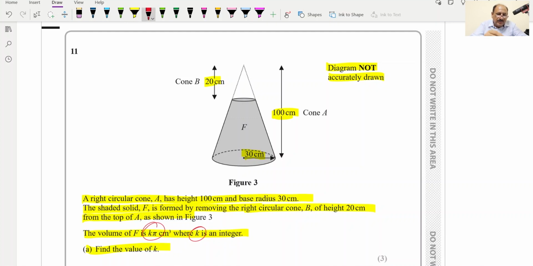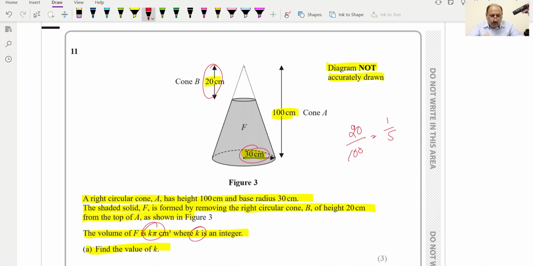By similar triangles, similar shapes, we can say that the height of the bigger cone is 100, whereas the height of the smaller cone is 20. So the ratio of 20 to 100 will be 1 by 5, and we can check the ratio for the radius also.